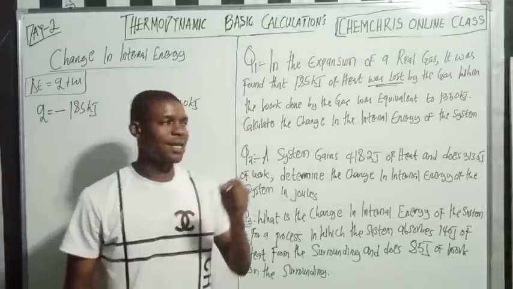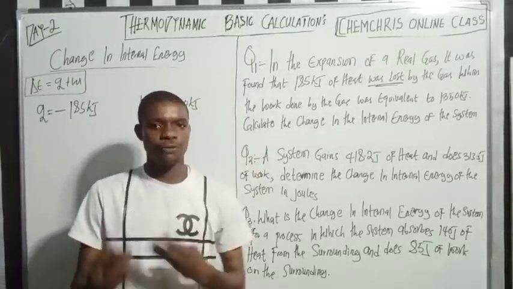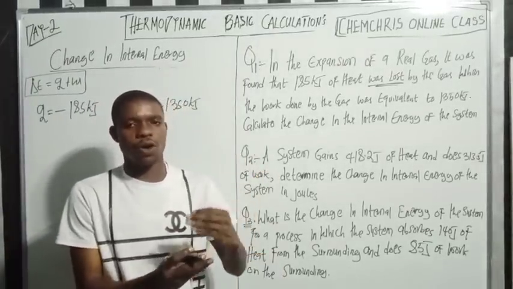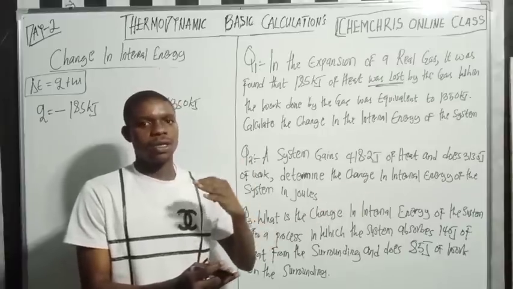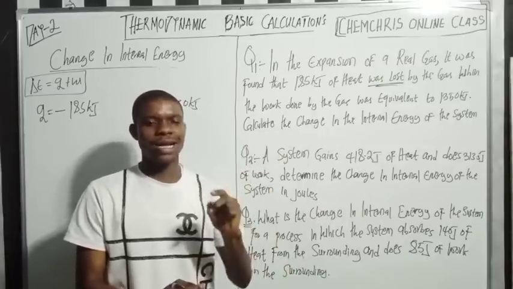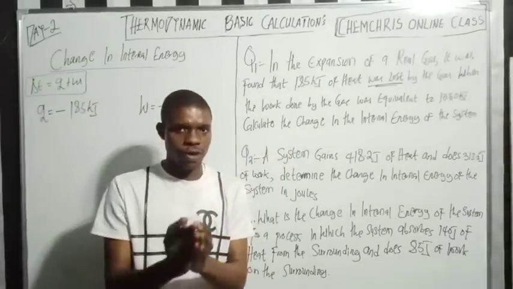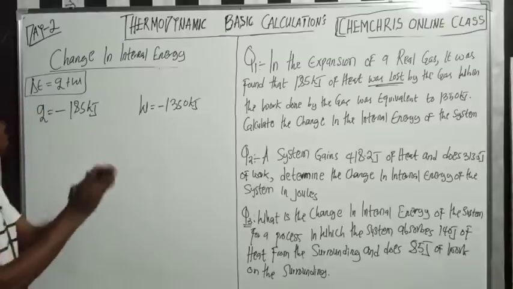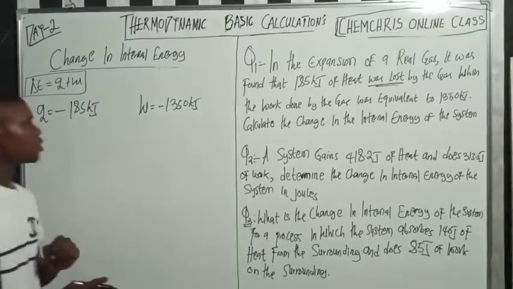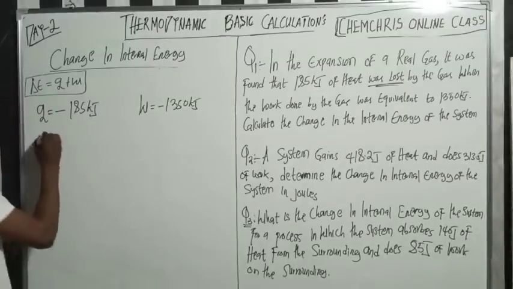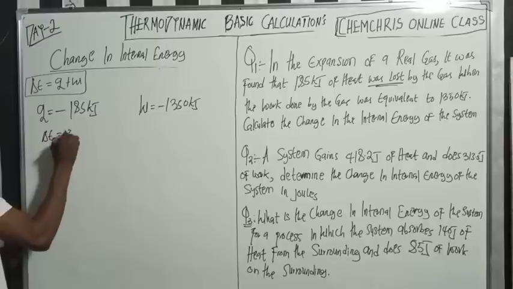Like I said, this question might be confusing, but you need to understand the process. You need to understand what we call exothermic reaction, endothermic reaction, compression, and expansion. If you understand this very well, and understand the question, you should be able to solve any question related to this when you apply this formula. They're asking you for the change in internal energy.